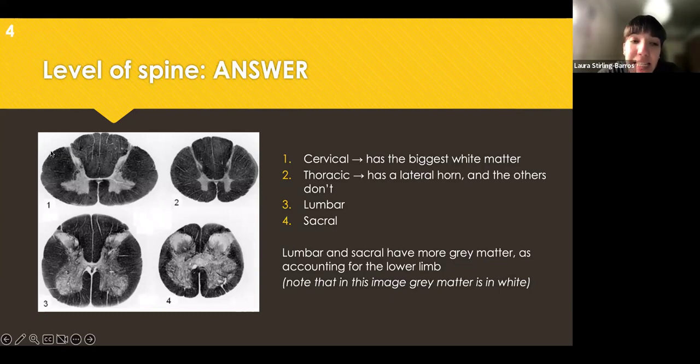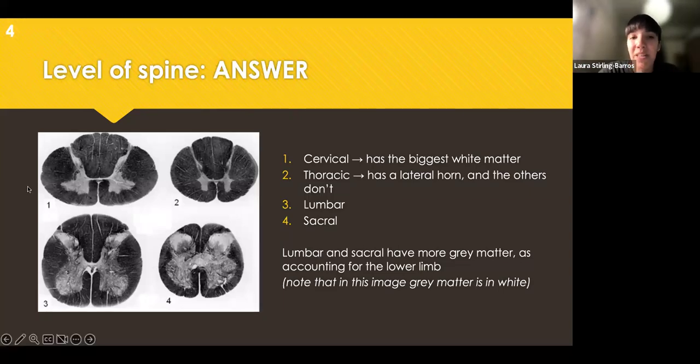But the main thing is that the cervical spine has more white matter, so more of the white on the outside. Whereas lower down the spine, you have more gray matter compared to white matter. Mainly because you have a lot of information going to and from. If you imagine, the top of the spine is near the brain, so there's more information going down to the arms, or information coming all the way from the legs, the arms and the rest of the body.